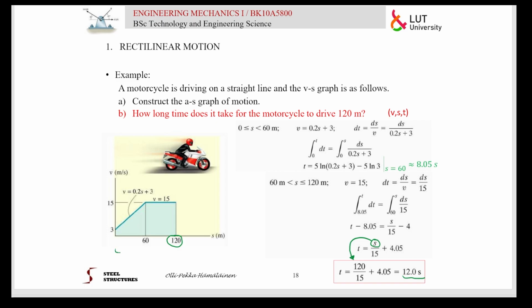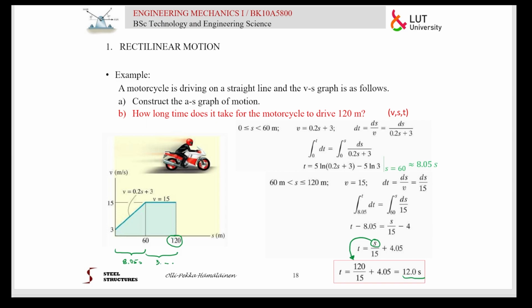Then if I make a line here, it says, well, 0 to 60 took 8.05 seconds, and from here to here it took the remaining 3 something. So it took 12 seconds to go from 0 to 120 meters.